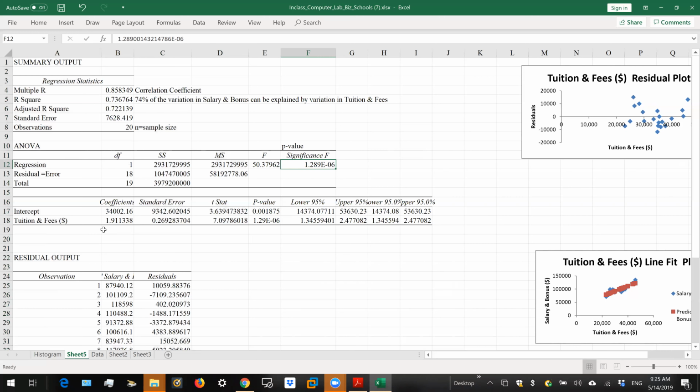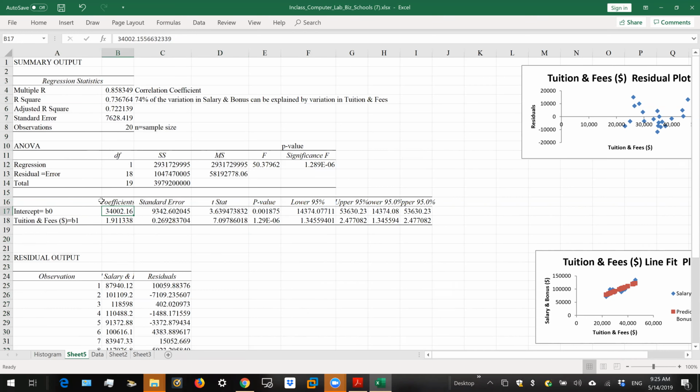Okay. Down below, we see the coefficient for the regression, and what it calls the intercept coefficient. This is what we have been calling B0. And the coefficient for tuition and fees, this is what we have been calling B1, which is the slope of the regression line.